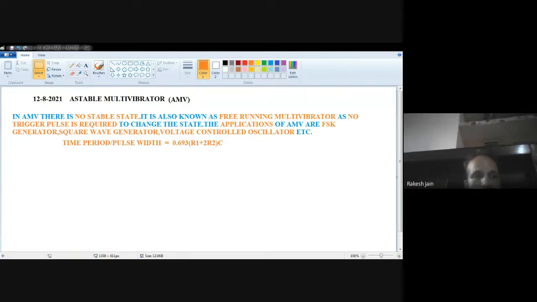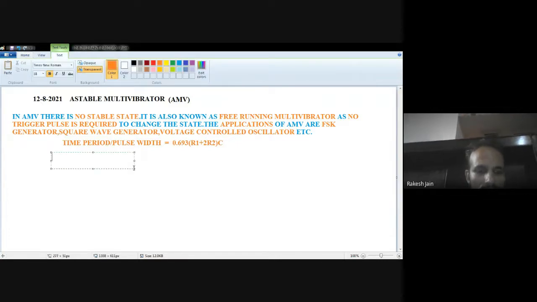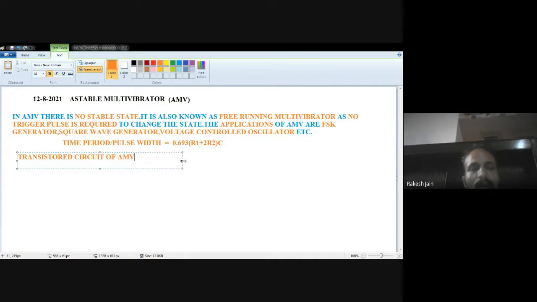So what is the astable multivibrator transistorized diagram? Now see this one. Transistorized circuit of AMV.